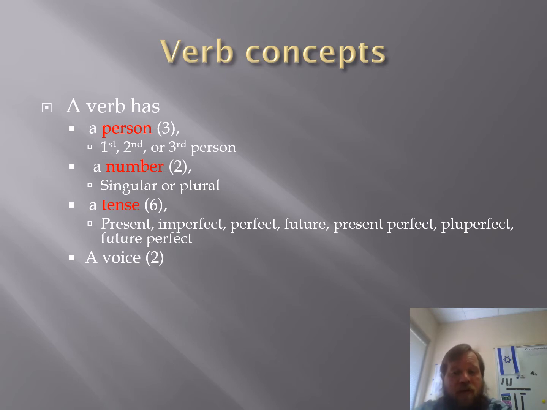Concepts that you won't need this year, but big picture things. Verbs have voice. That voice is either active or passive. That refers to the relationship between the subject and the verb. In an active sentence, which is most sentences in most languages, the subject does the verb. I study Latin.